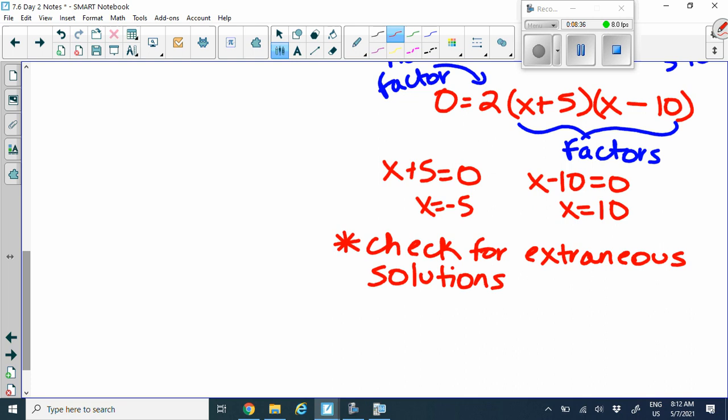So, how do we know if for our logarithm the number doesn't work? Well, this is what we need to do.